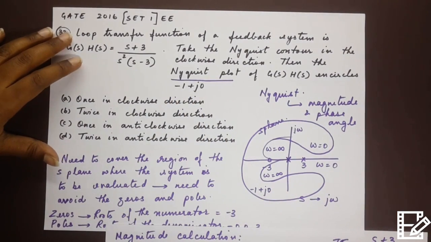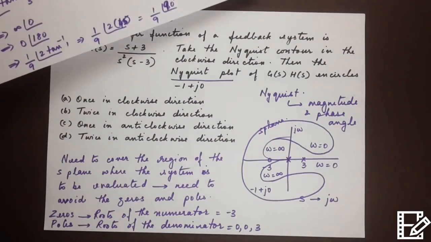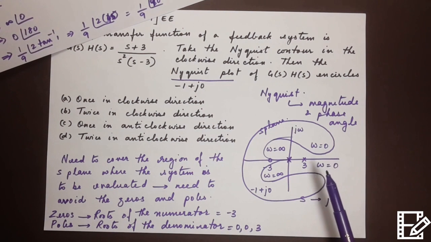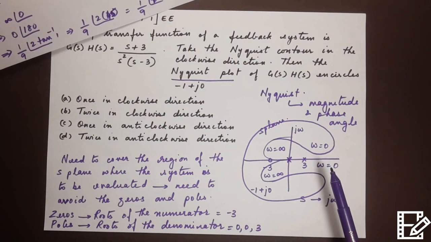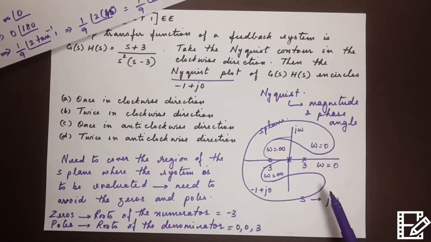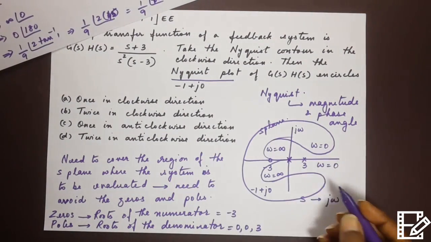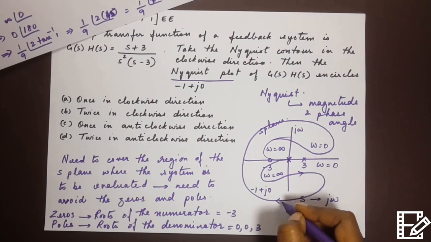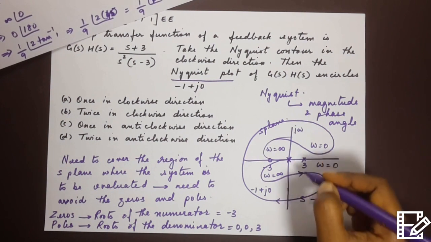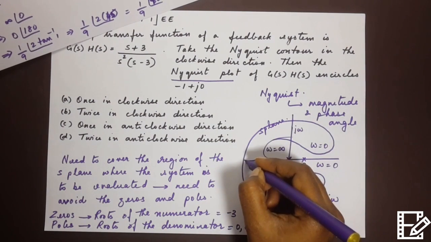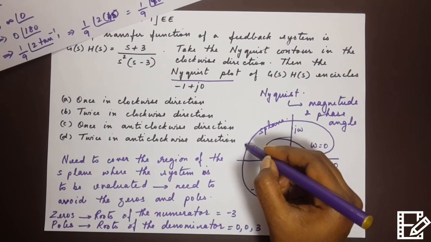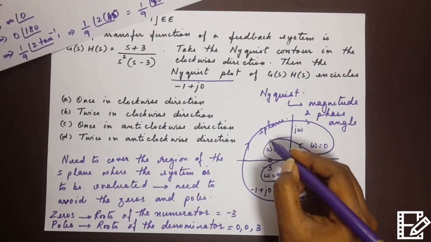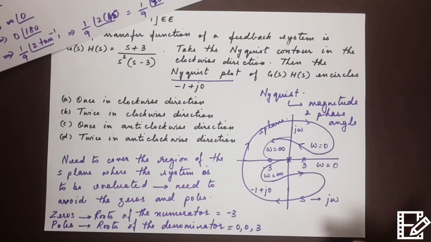So it starts at 0 and goes to 180 through 90. Because it circles in the clockwise direction, it goes this way, and then comes back to the point where it starts off. You have to remember that.